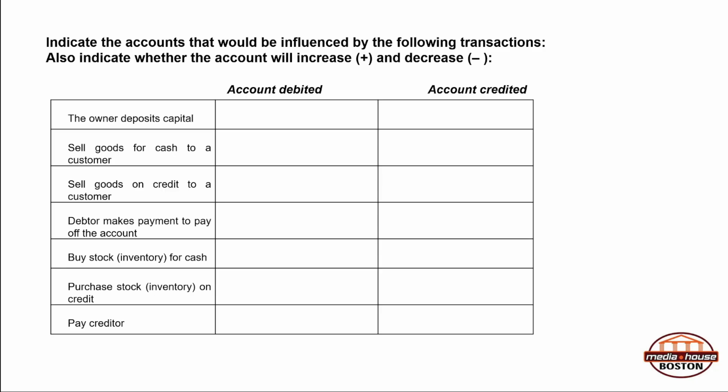The first thing you need to do for this transaction, which is a summary of a transaction, is to try to identify what actually happened if we say the owner deposited capital. Secondly, which accounts were affected, identify the accounts, and then classify the accounts. And then lastly, what was the effect on the accounting equation? Did that account increase or did that account decrease?